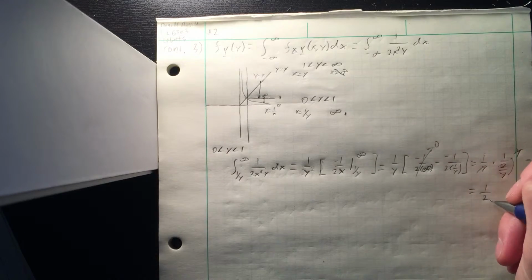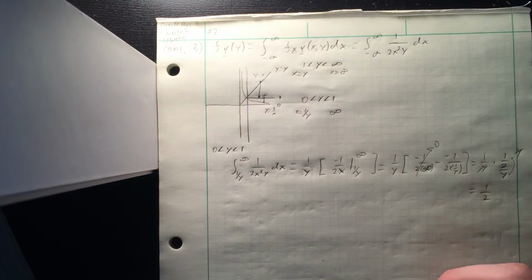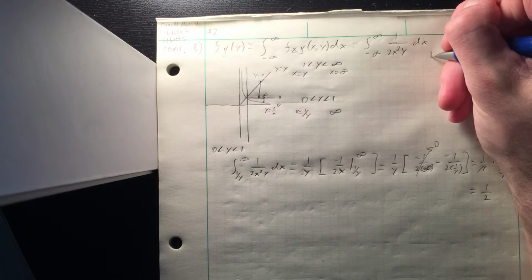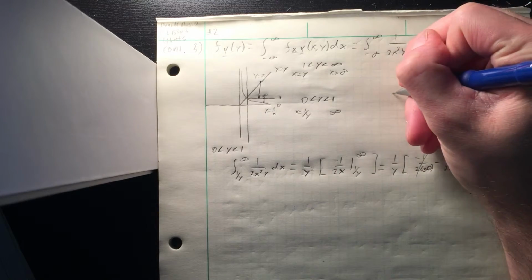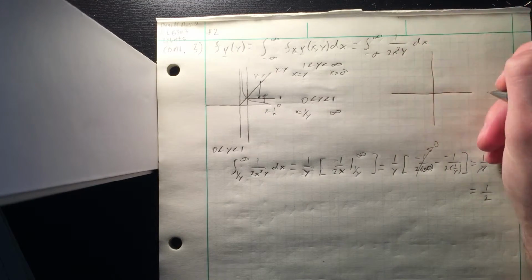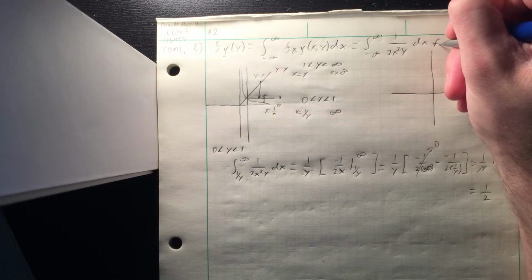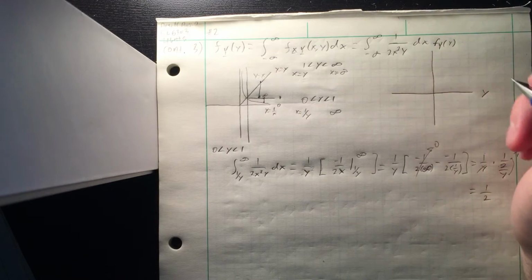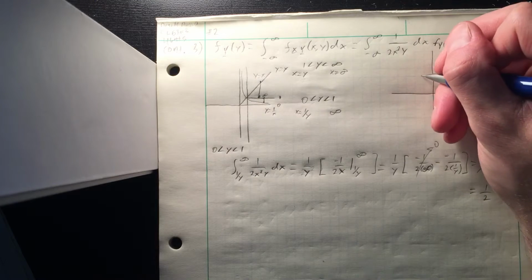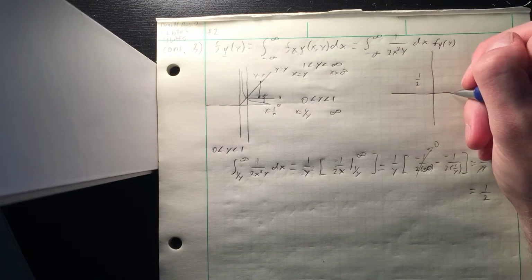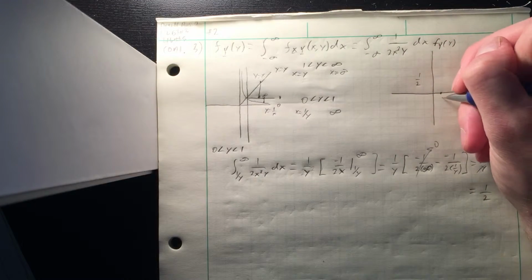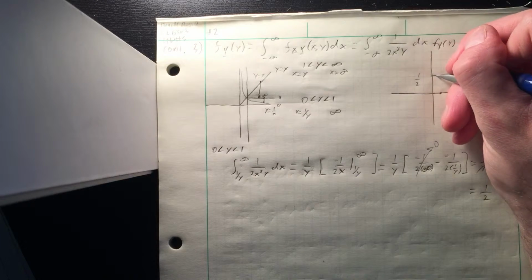So it's actually equal to 1/2. So it's just a pretty simple thing now. We start to actually draw it now, so we know where we are. So at 1/2, between 0 and 1, going to have a line.